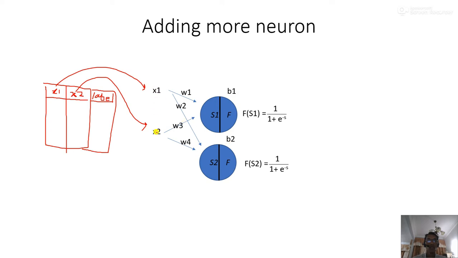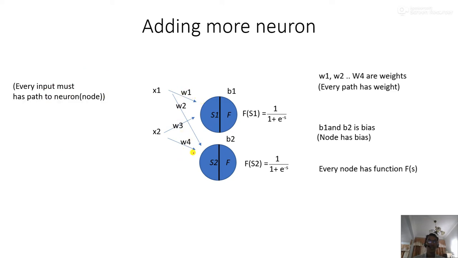Every input will go to every path in the layer, and every path has a weight. So w1 to w4 are weights. Every path has a weight. You have 2 times 2 is 4 paths, so you have 4 weights. b1 and b2 are biases, so every node has one bias.